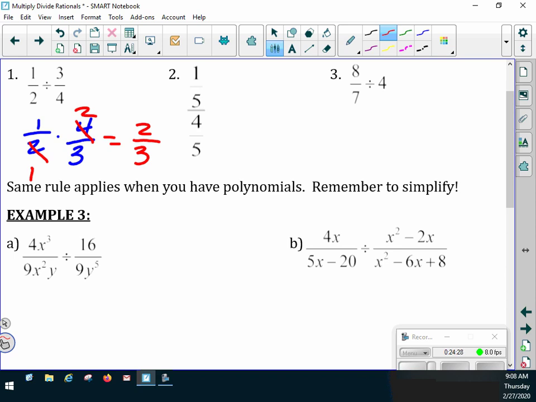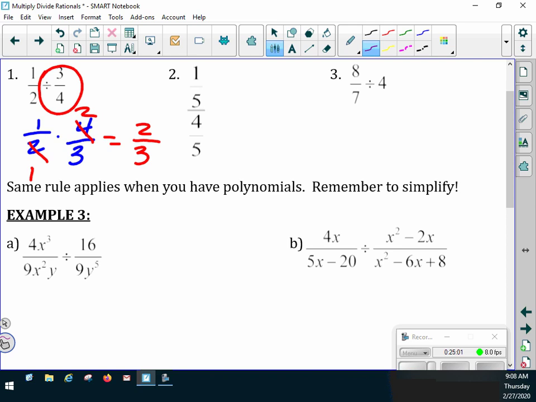You always do the one that you are dividing by, which is the second one. Yes, always. What does this say? 1/5 divided by 4/5, which is the same as 1/5 times 5/4. There you go. 1/4.